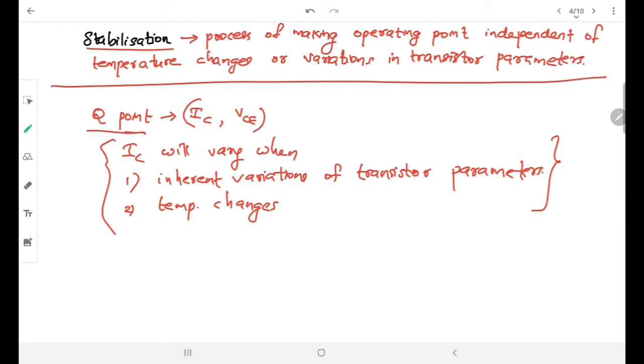So the need for stabilization, we are discussing in the next topic: why we need stabilization. We already discussed two points on why we need stabilization. We need the operating point independent of Q point variation, and the process of making the Q point independent of Q point variation is called stabilization. So we need stabilization due to three things.